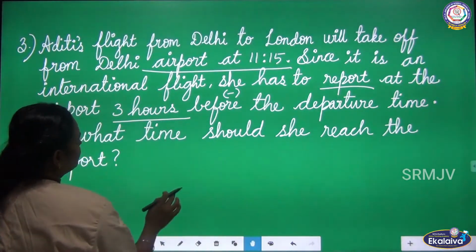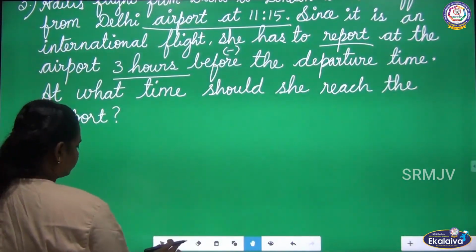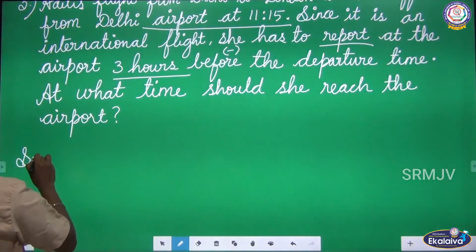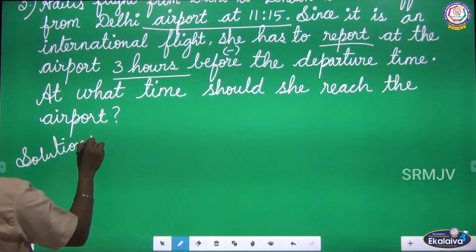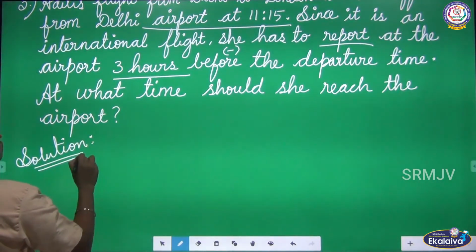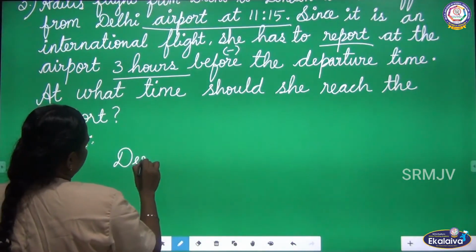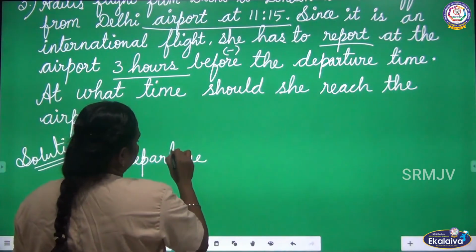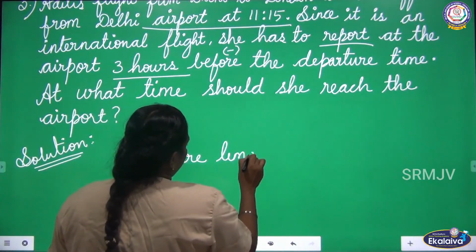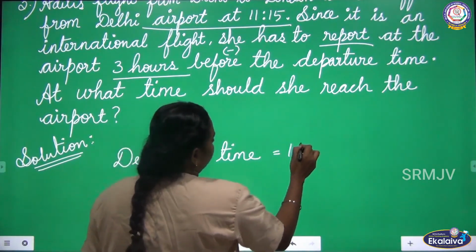Same model only. See, listen. First you write solution. What is the departure time? Departure time equals 11:15.